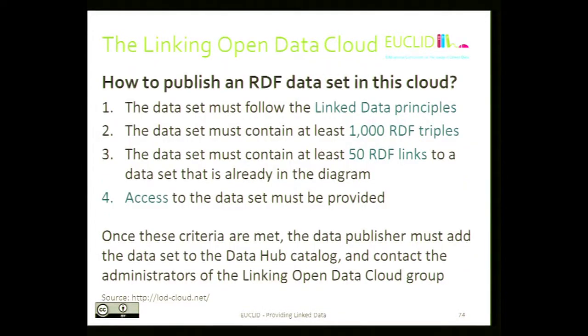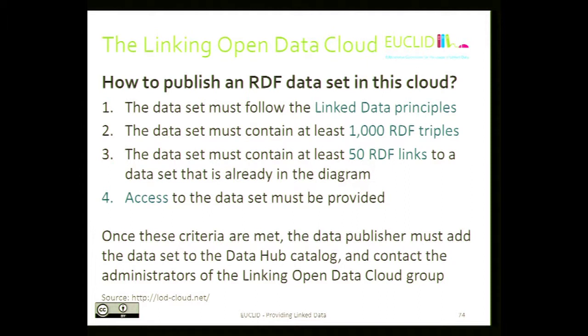So the criteria to get into that diagram, well, you have to publish your data according to the principles. So as was described in the first half of this webinar, it must be of a decent size, which means at least 1,000 triples, though many of these run through millions into, like Freebase, billions.